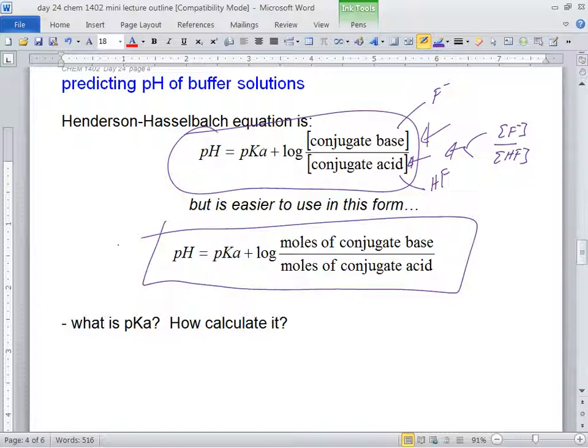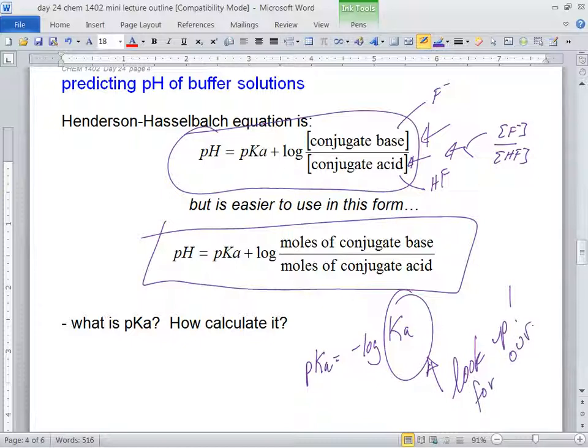Right? So pKa is just the negative log of the Ka. And that's the number you get from the table, right? You have to look it up for our buffer. And remember, our buffer is just a weak acid.